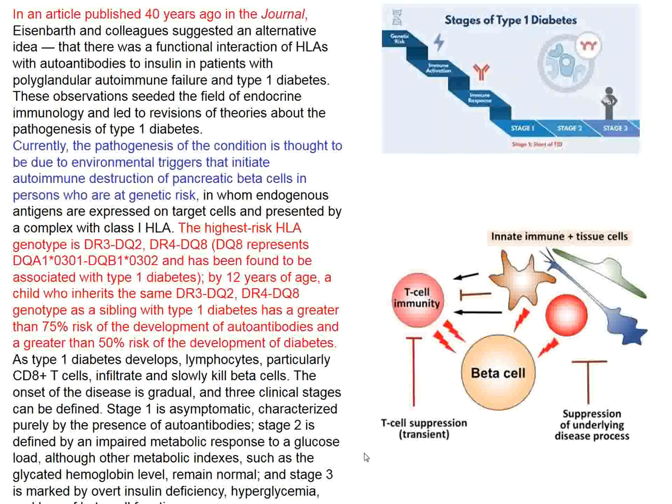Now, 40 years ago in the New England Journal of Medicine, that would be 1979, there was an interesting paper published, the first to suggest that type 1 diabetes is an autoimmune disease. In that paper, patients were described that made antibodies against insulin.